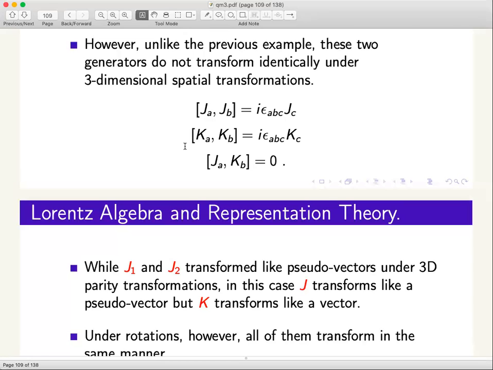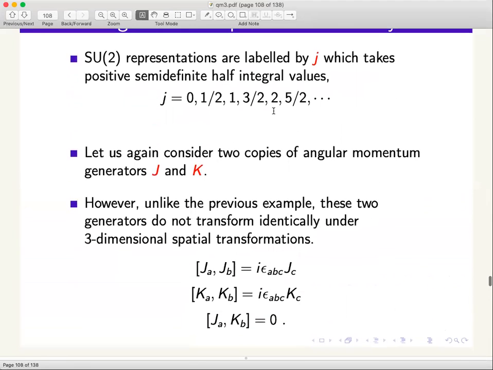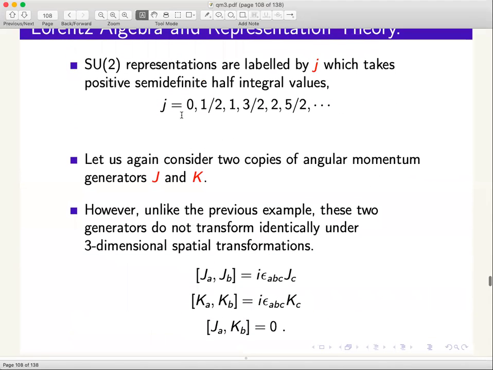But we know what that gives, right? That is something we just wrote down. Since this is an SU2 algebra, its representations are known: spin 0, spin half, spin 1, spin 3 half, spin 2, spin 5 half, and so on, just jumping by half integral values.